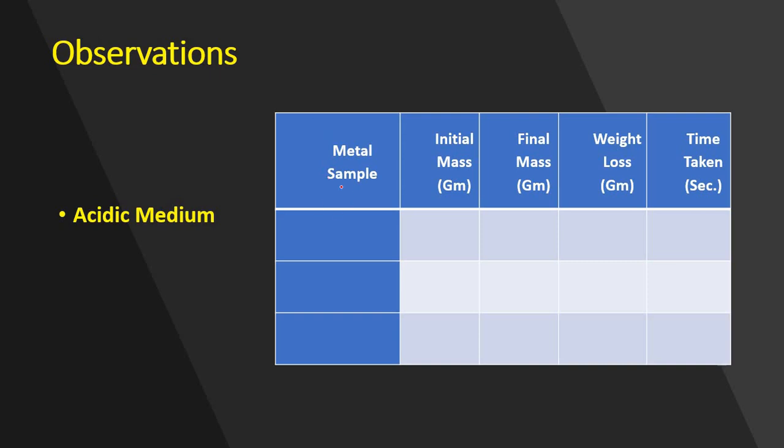Suppose the initial mass of the iron nail is 3.2 gram, then after the corrosion reaction it becomes 2.7 gram. So what is the loss in weight? The reaction takes place in 600 seconds, and the weight loss you can calculate as 0.5 gram. So these are the readings or observations for acidic medium.